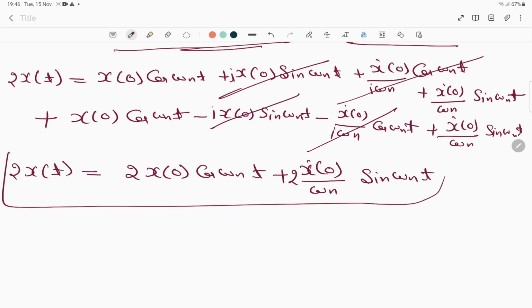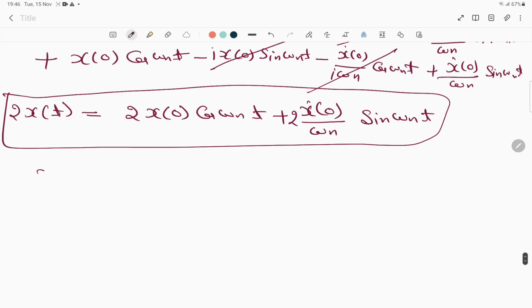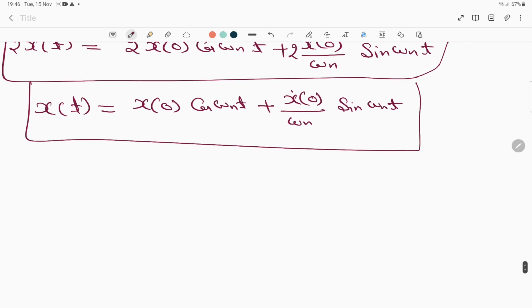So now you can see I have 2 on the left hand side also and the right hand side also, so I can take out that 2, so that x of t I can directly write is nothing but x naught cos omega nt plus x dot naught divided by omega n and sine omega nt. That is what finally I have got.